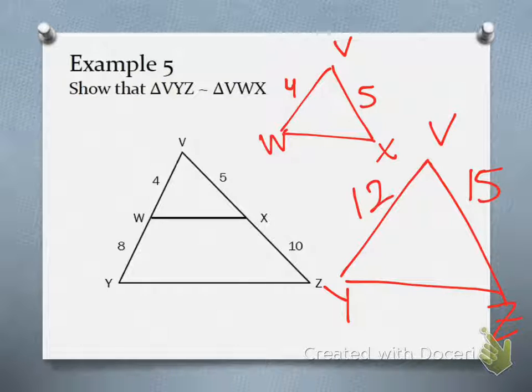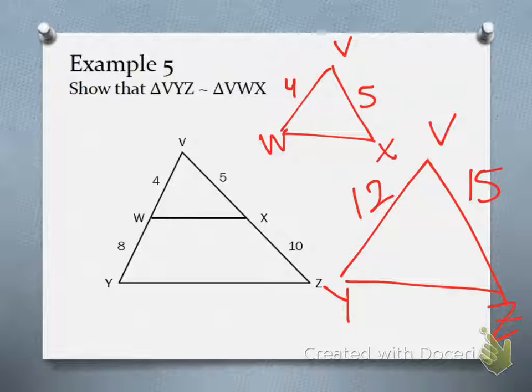Which angle is going to be congruent between these? Which angle? V. Okay, so V is exactly the same angle in both of them. We drew over it twice. In the top triangle, we might call it angle WVX.